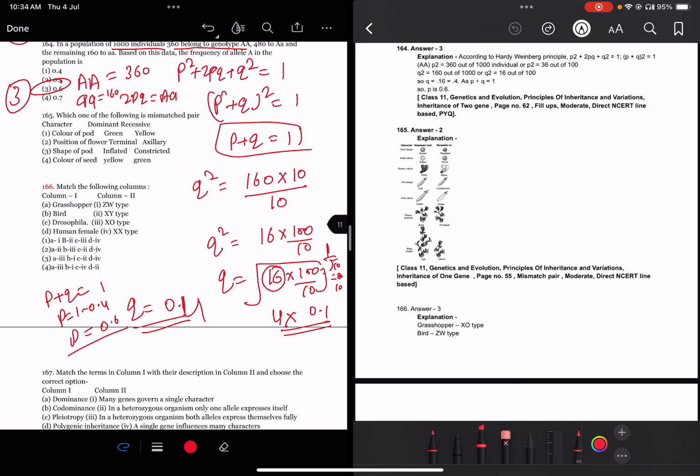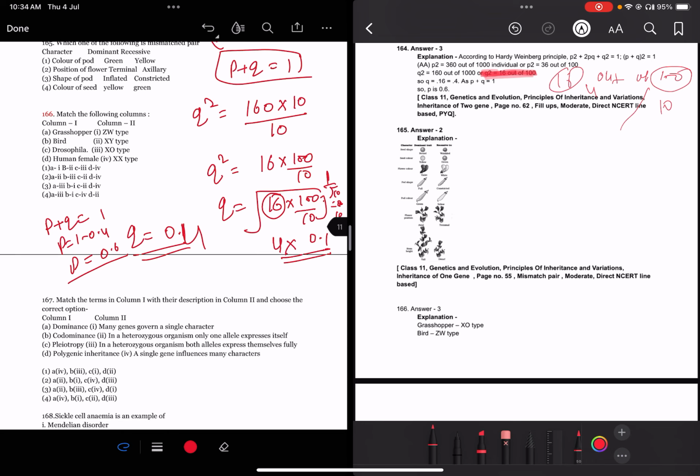Here you can understand the solution. No problem at all. The question is asking about q², 16 out of 100. Out of 100, 16 means 4 out of 10, so 4 by 10 is equal to 0.4.